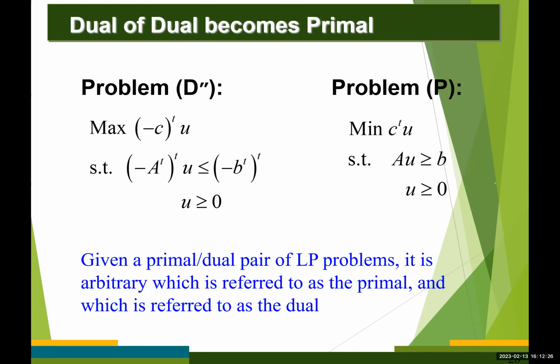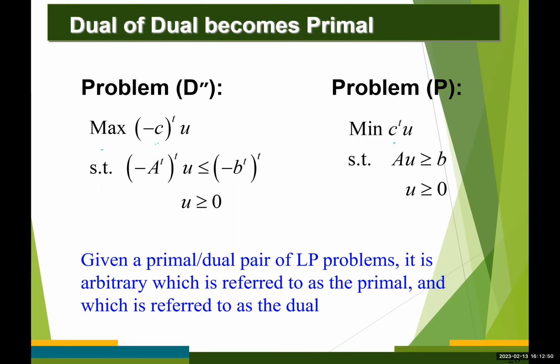Now problem D double prime is equivalent to problem P, the primal problem. Because again, maximizing the negative of a function gives the same solution as minimizing the function, except for signs, right?